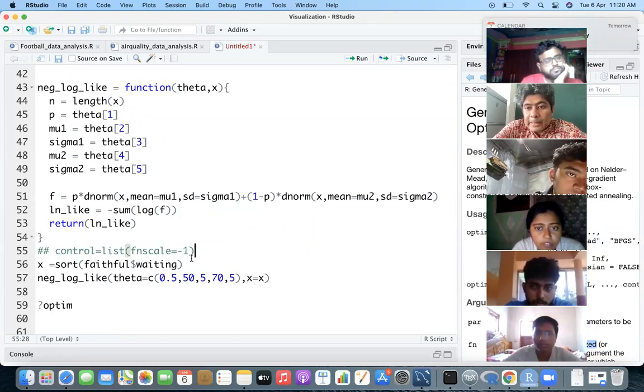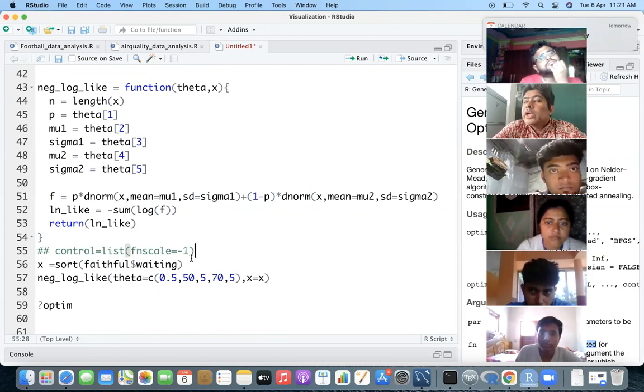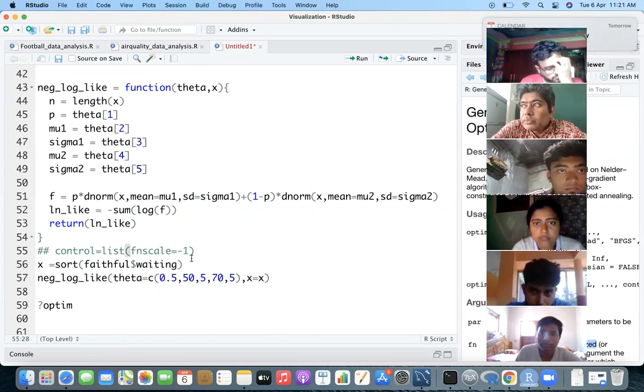I have a doubt. The likelihood function that we have constructed with the combination of two normal distributions has two critical points. Critical points mean the points at which the function changes its nature, the same as in calculus.